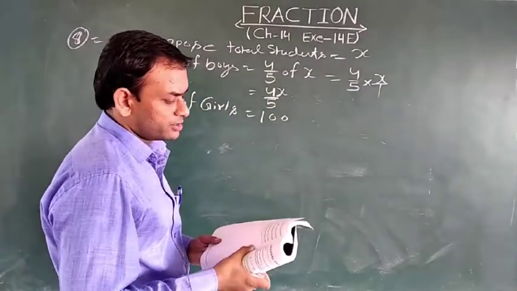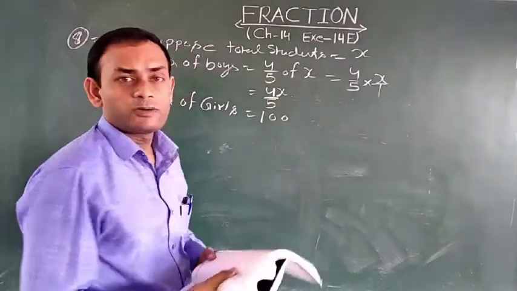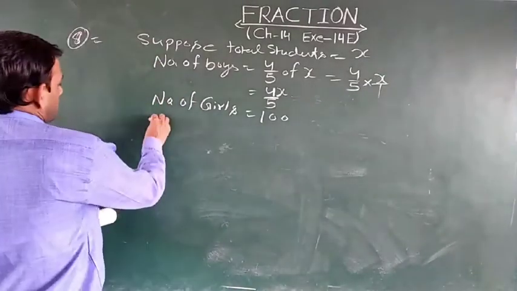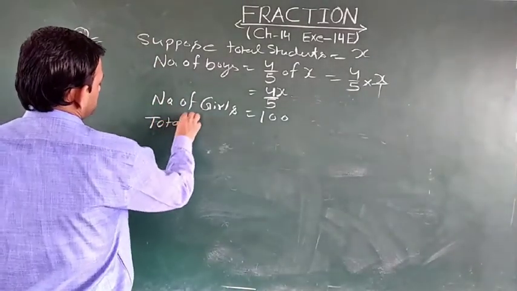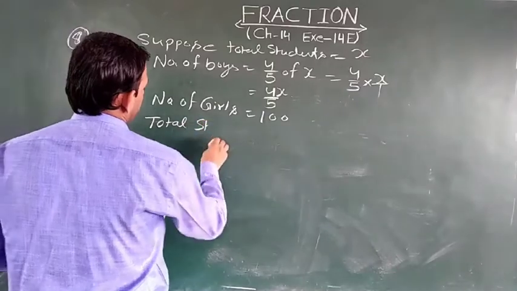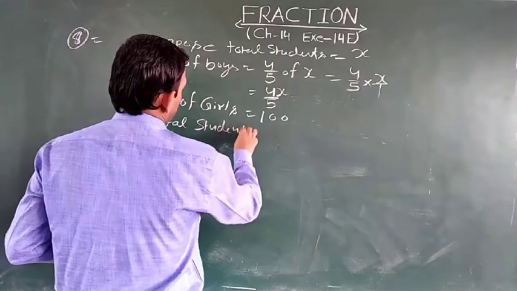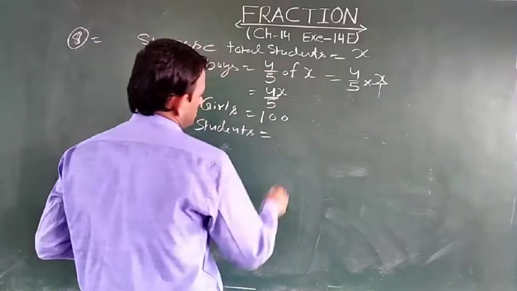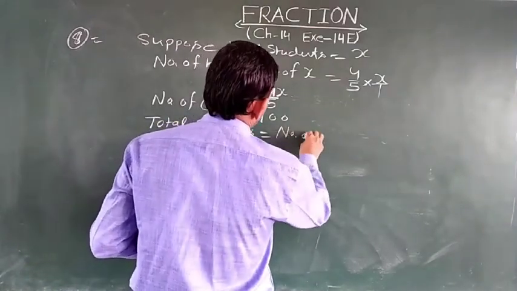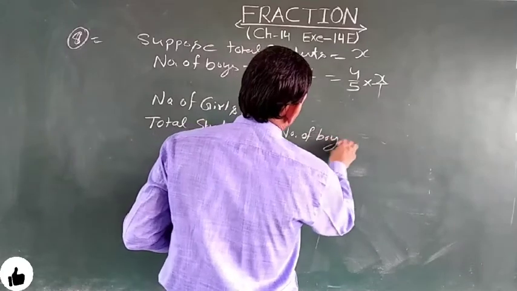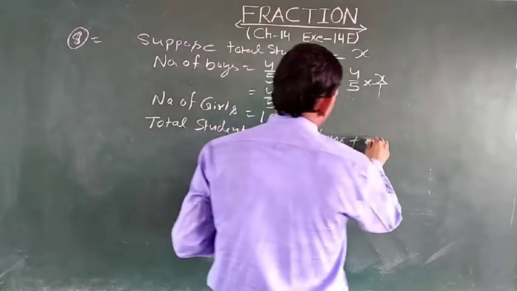So you have to find the number of boys. Okay, so as you know, total student is equal to number of boys plus number of girls.